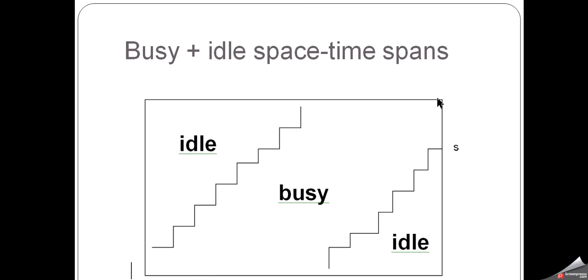And at this point, I've still got a couple of things to run. I'm not putting any more tasks into the pipeline here or here or here. So these are all idle space-time spans.